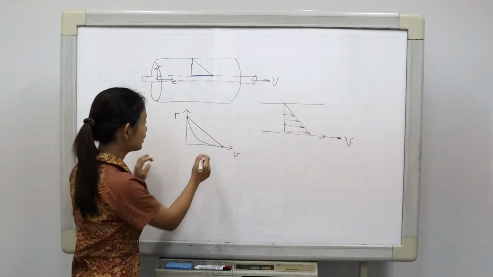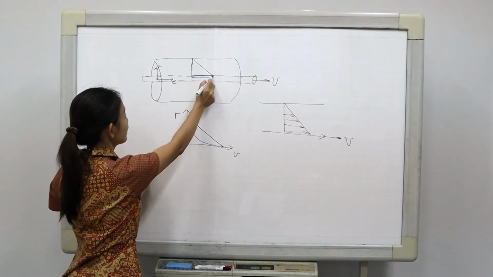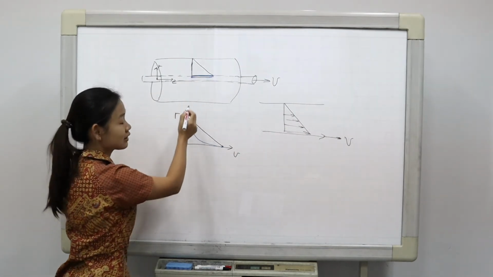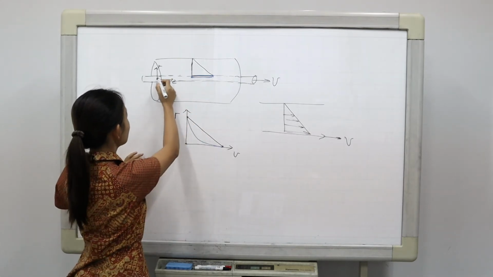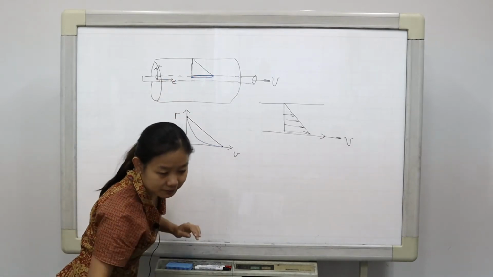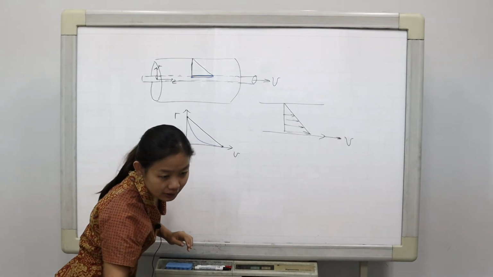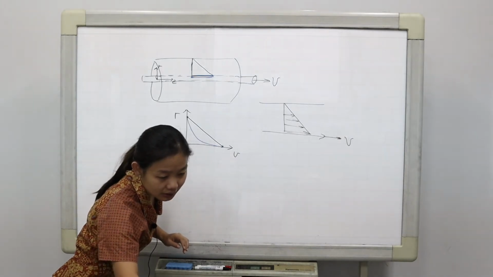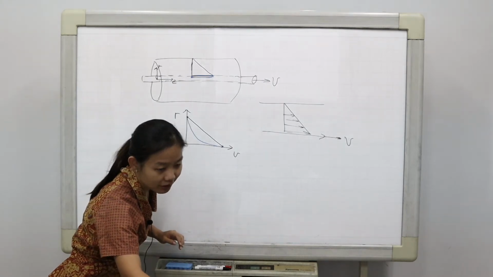The fluid at r equal to 0 here, at the center, maybe it's not 0. What is the inner radius? We don't have an inner radius.